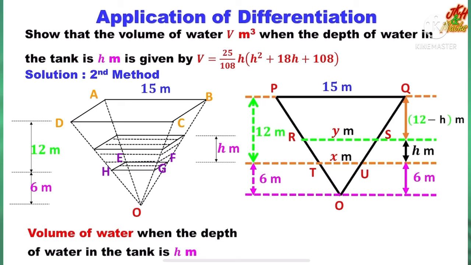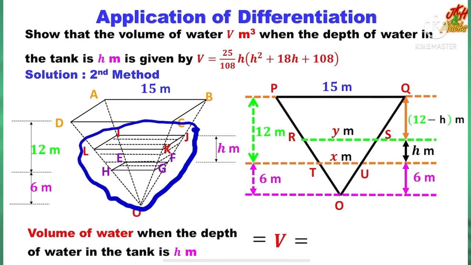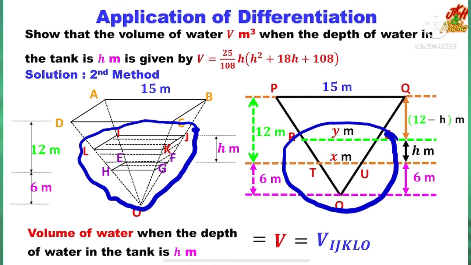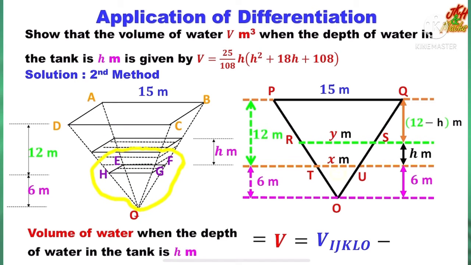So, the volume of water when the depth of water in the tank is h meters is equal to V. Let's say we label our pyramid with the points I, J, K, and L. We need to find the volume of the pyramid IJKLO, take away the volume of the pyramid EFGHO.